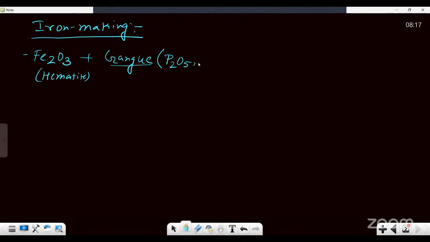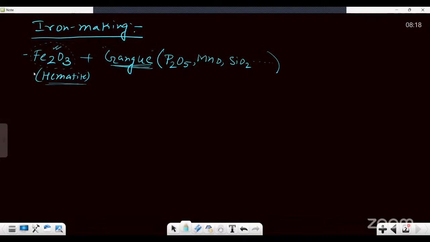They are like P2O5, MnO, manganese oxide, and silica, SiO2, and things like that. All these unwanted materials are also present. Our main purpose in this subject will be to extract the maximum iron from this hematite ore and separate out the gangue materials.